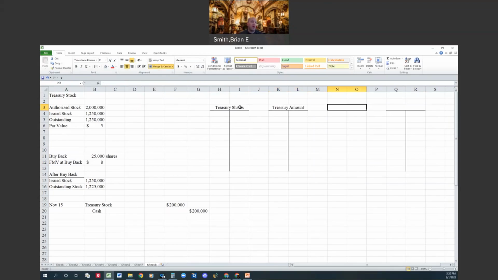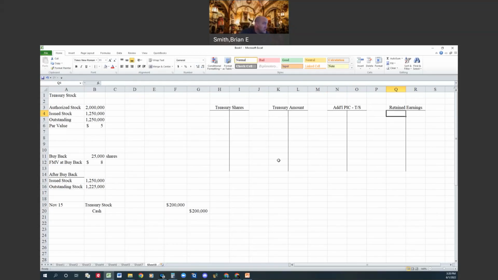And then we'll have additional paid in capital treasury, so T/S treasury shares. Okay, we're going to deal with those right now. We'll probably deal with retained earnings.